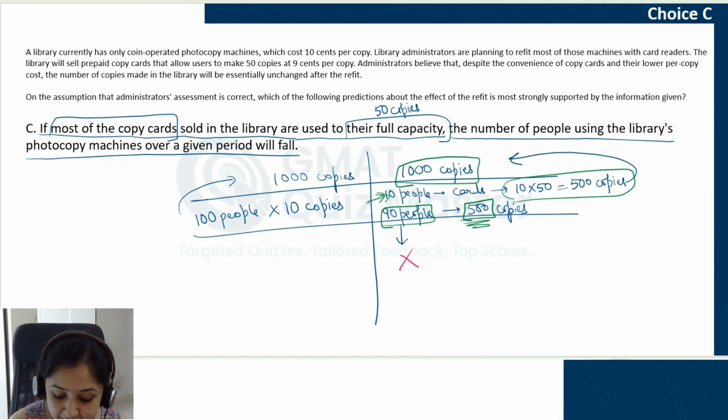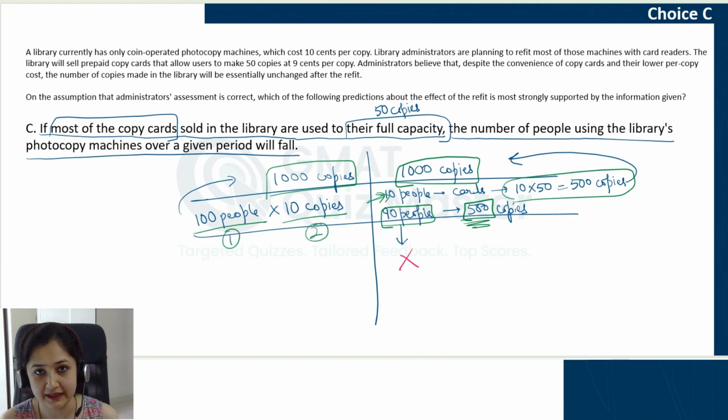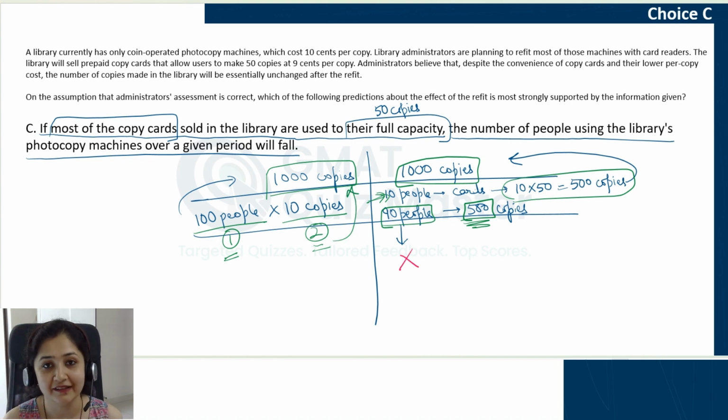In order to keep this number constant, you have to understand that it is dependent on these two factors, the number of people and the number of copies that they are taking. And you have to understand how you can vary one and two so that 1000 does not change. Both choices B and C are testing you on the same aspect. Let's move to choice D now.